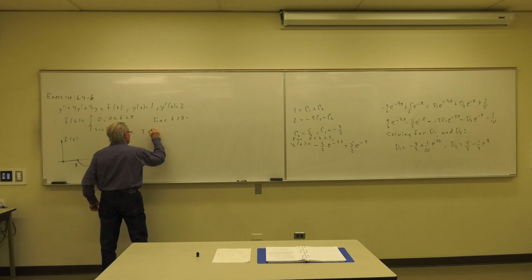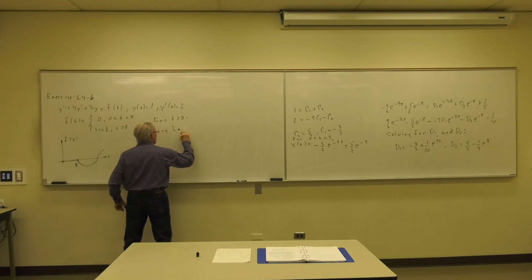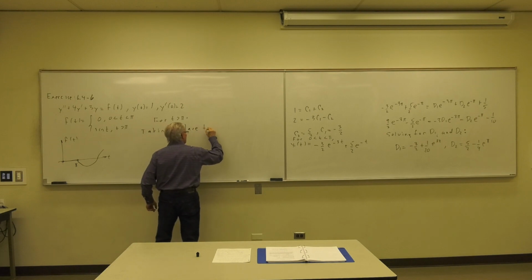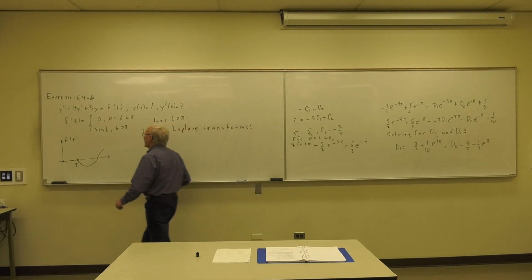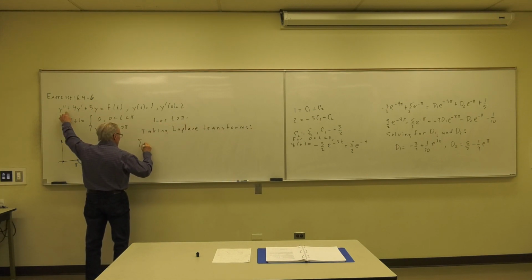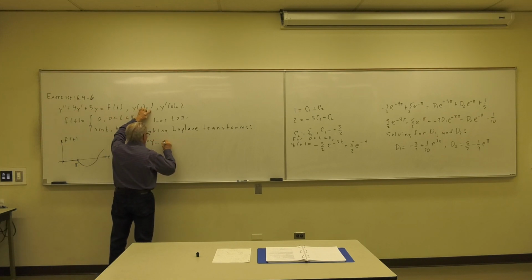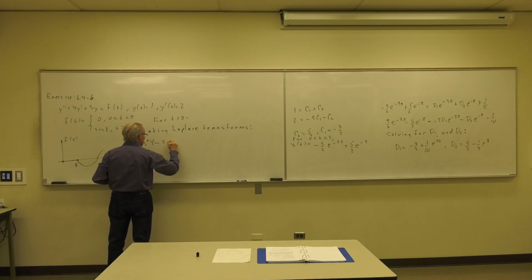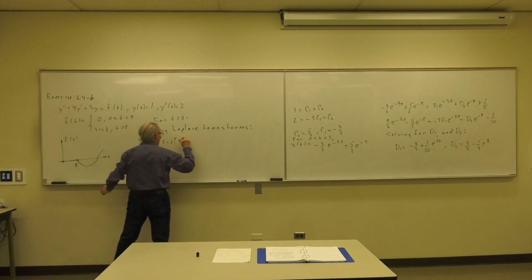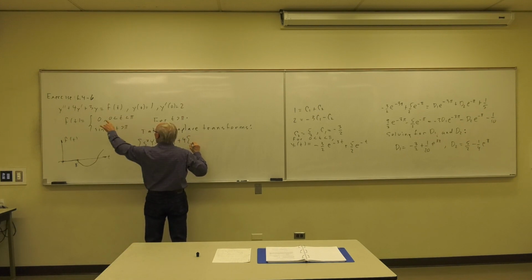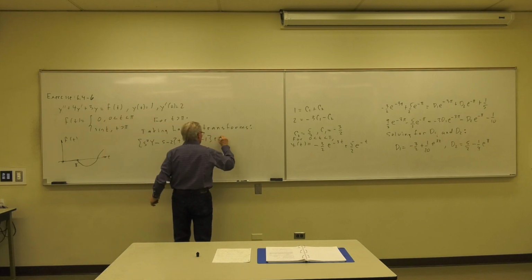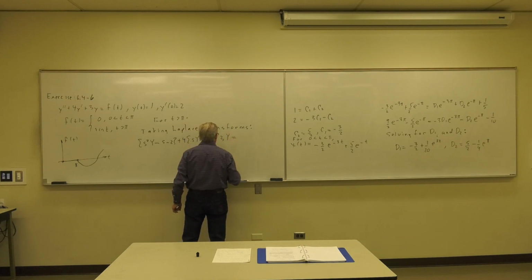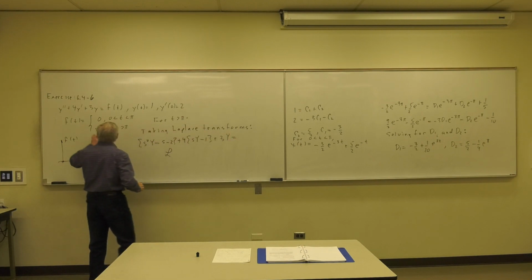Taking Laplace transforms, for this one, the second derivative gives s squared big Y, minus s times that, minus that, minus 2, plus 4 times the Laplace transform of y prime, s Y minus 1, plus 3 big Y, equal to the Laplace transform of this guy.